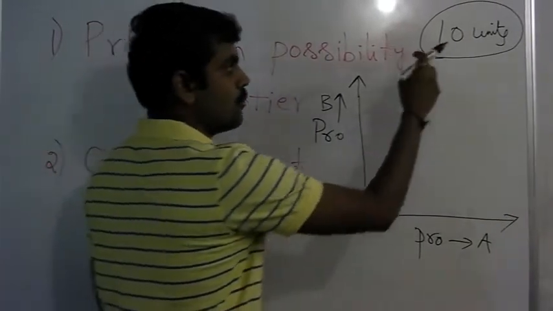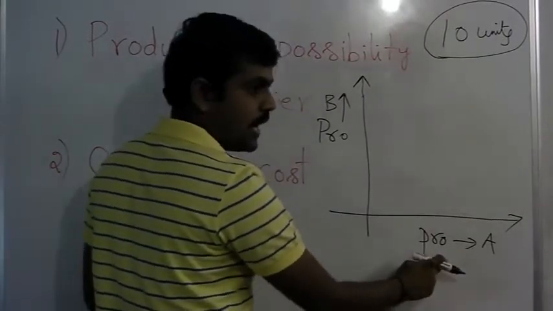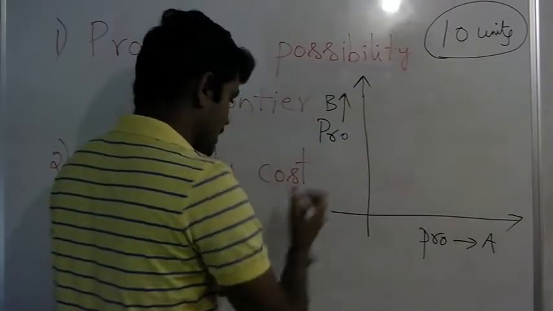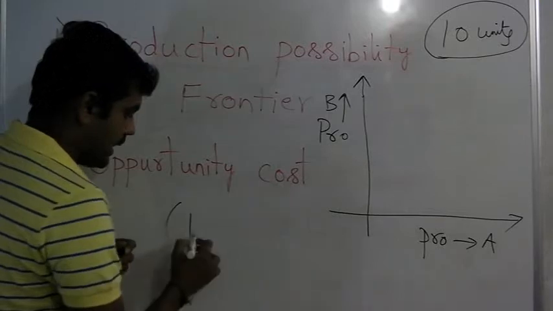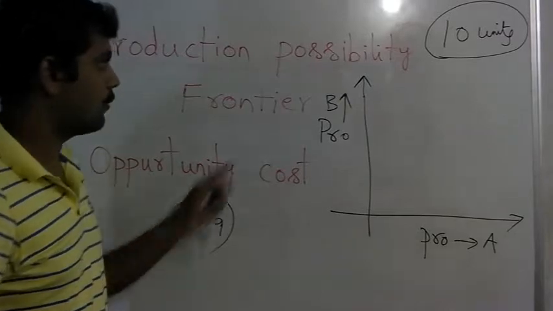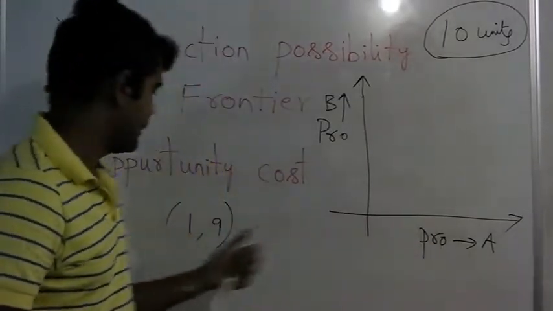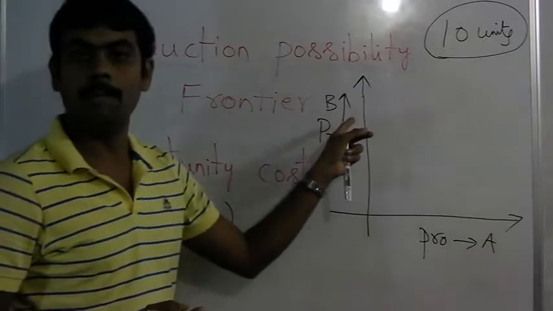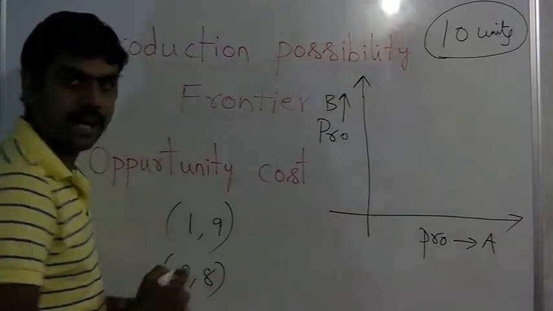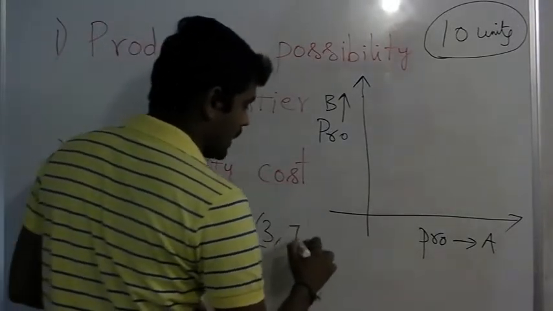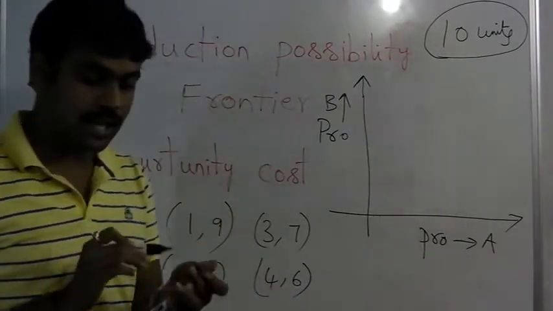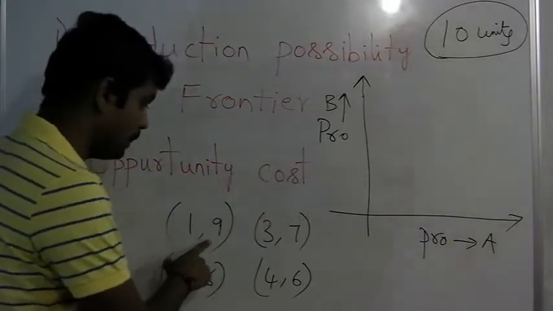That is, using one allocated unit for production of A and the remaining 9 units for the production of B. So this is the combination of 1 and 9: 1 unit of allocated resources to A, 9 units to B. Then let us go with 2 and 8, then 3 and 7, 4 and 6.